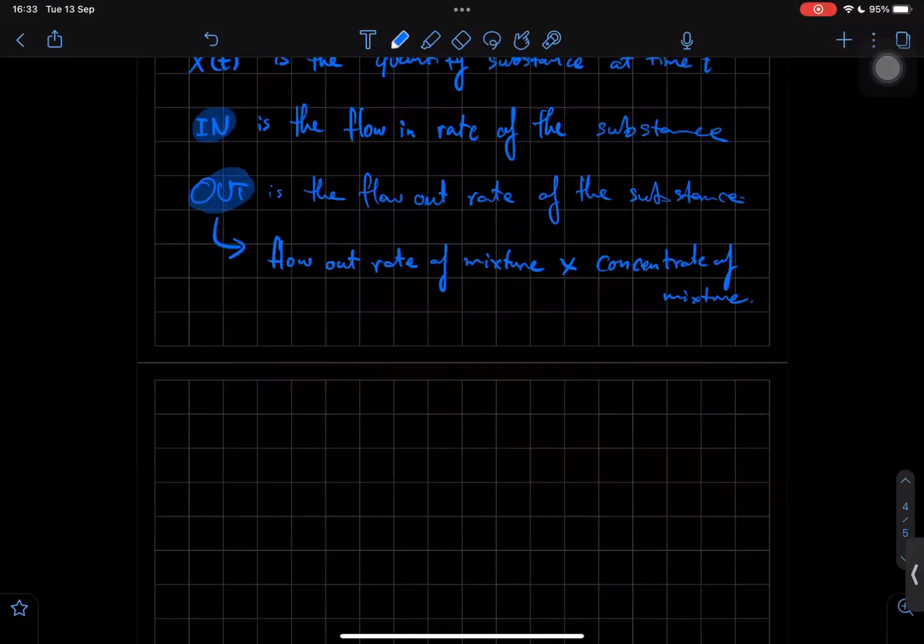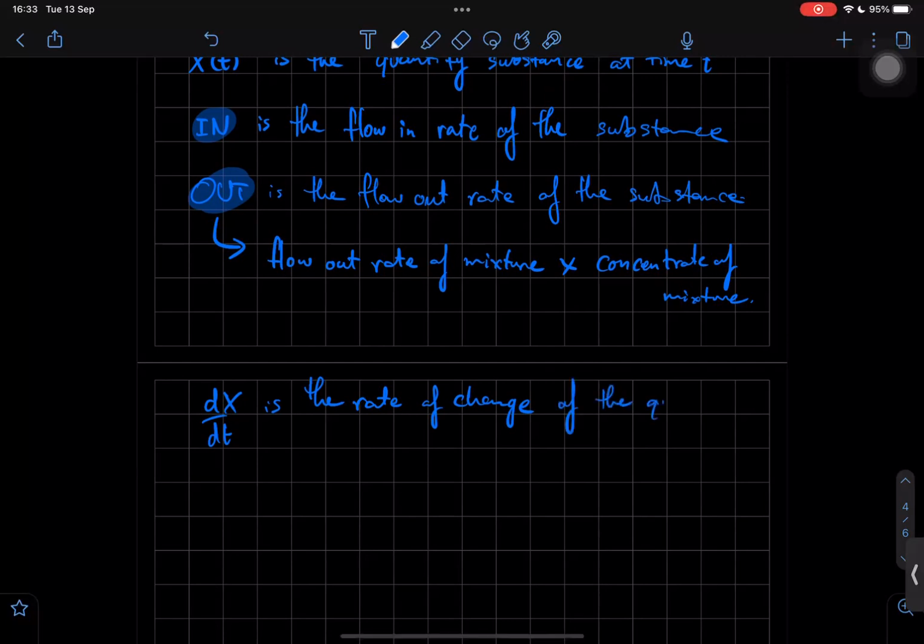That means dx by dt is the rate of change of this at time t. Okay. So let's see the example.